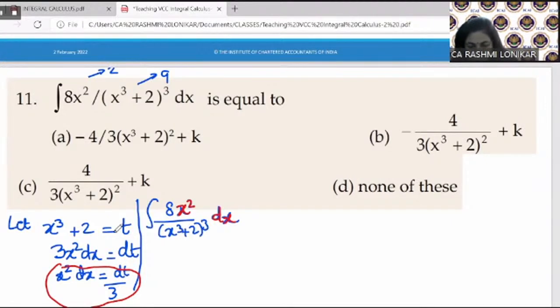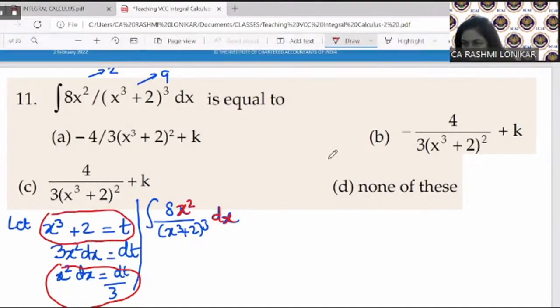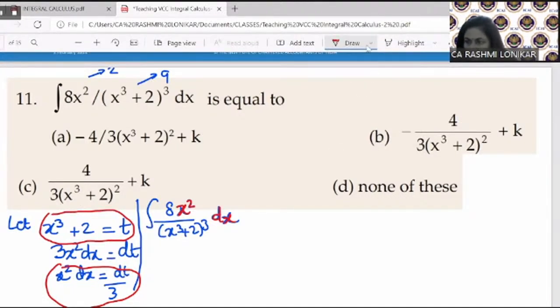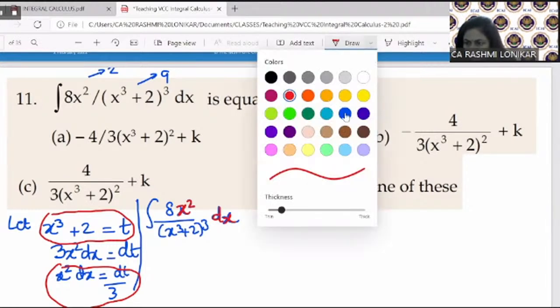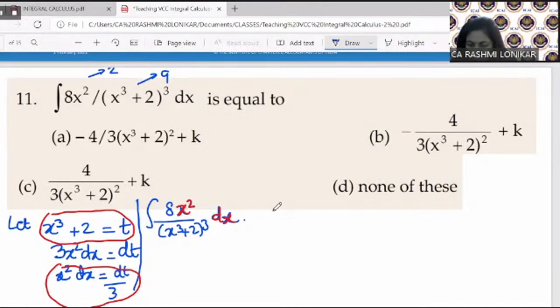And for x cube plus 2, I'm going to write t. This is equal to 8 integral x square dx upon x cube plus 2 raised to 3. Whatever I write for x square dx, I write down dt by 3.